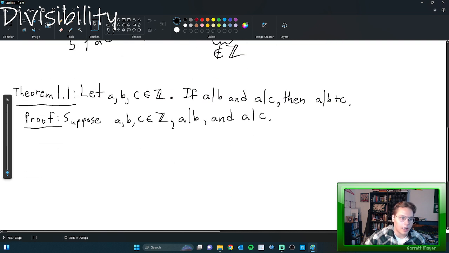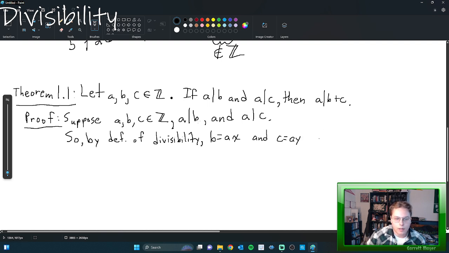So in this case, A divides B. So this means by the definition of divisibility, B equals AX, where X is just some integer, and C equals AY for some X and Y that are integers also.